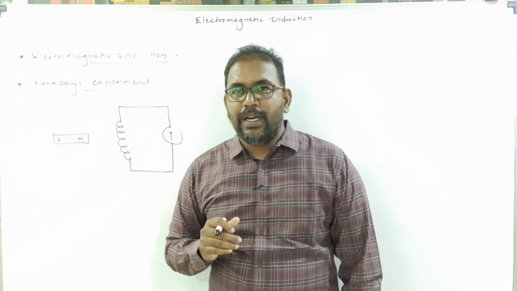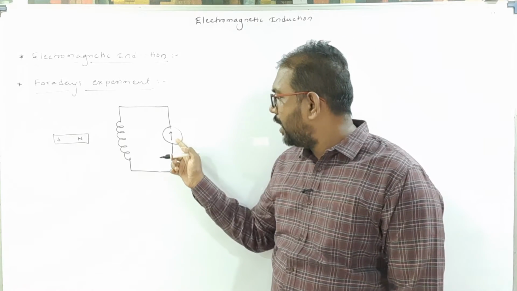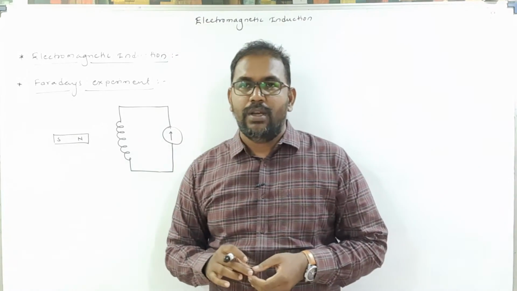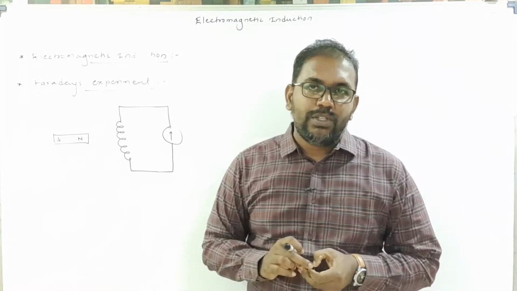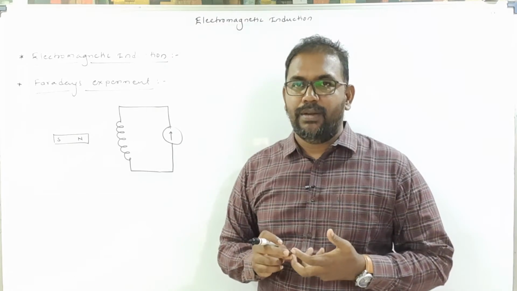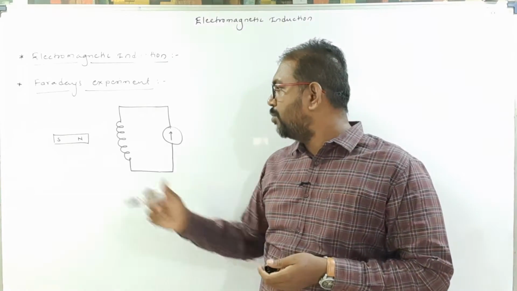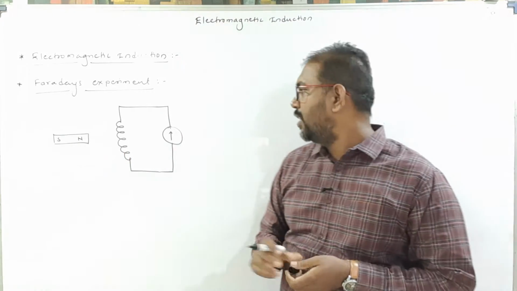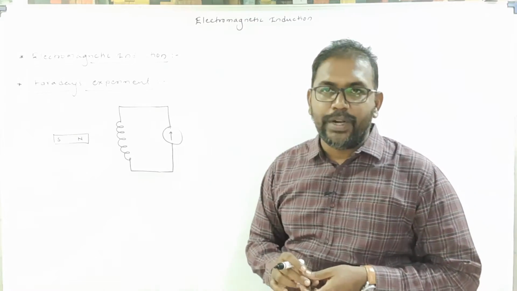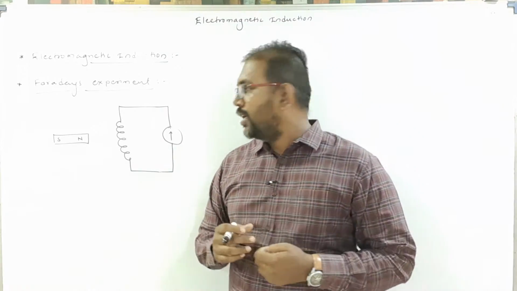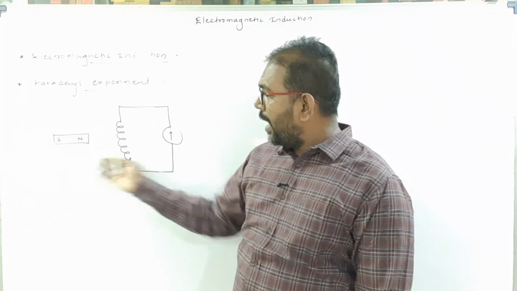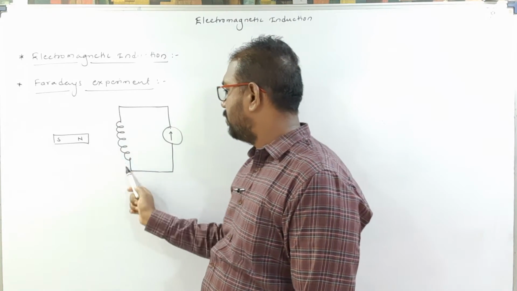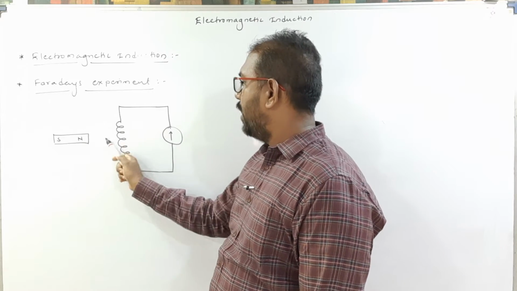In simple words, we can observe this current only in a particular situation, when the magnet is in motion. This current is called induced current, and the corresponding EMF is called induced EMF. It exists only for the moment the magnet is in motion. Now see here, when the magnet is in motion, what exactly happens?